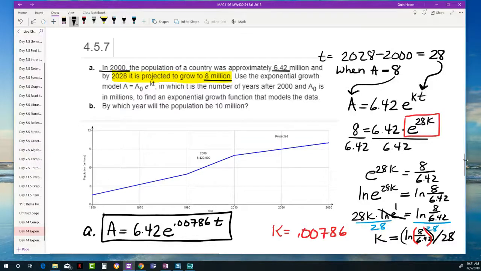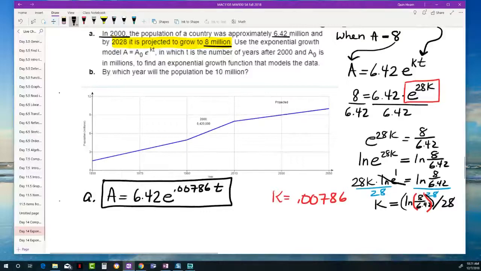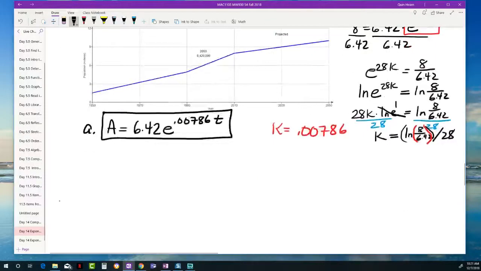So how did we get that formula? Well, we were given the initial value, 6.42, and then we were given a certain value of A in a certain year. So we were able to plug that in to find k. It's going to be a very similar procedure whenever they ask you to write your own exponential growth equation.